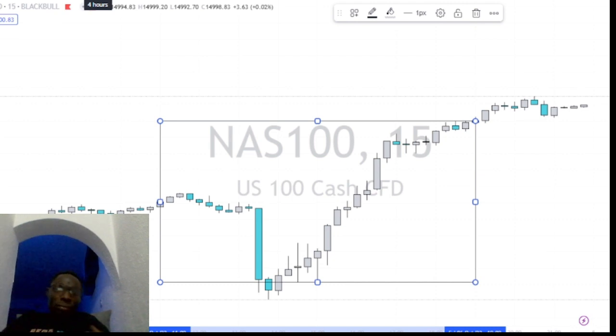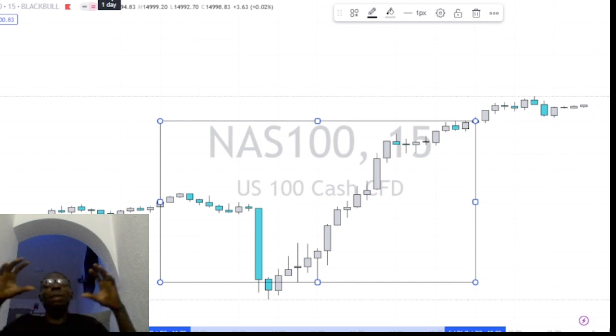Okay, so I want to show you something. What are the higher time frames? We consider from 4 hours to monthly or yearly time frames the higher time frames. Basically, I will call the 4-hour time frame a natural time frame. Let me structure what I said.